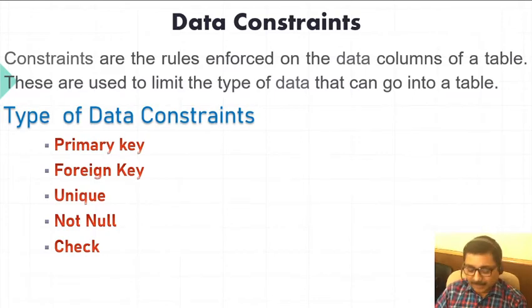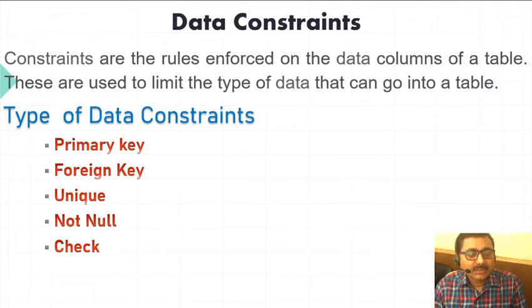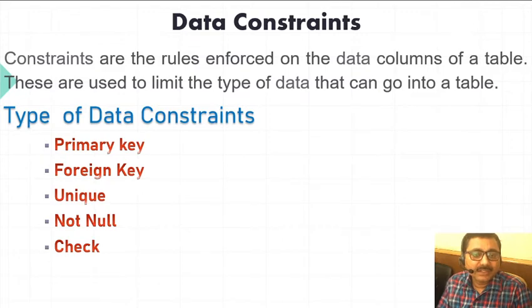So let's have a hands-on, which we will create. I will help you with primary key, unique key, not null. I will create them with the hands-on. But when it comes to foreign key and check constraints, even primary key also, it has many things to be discussed as constraints.